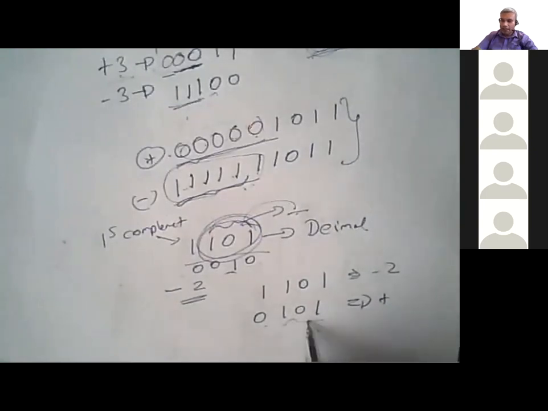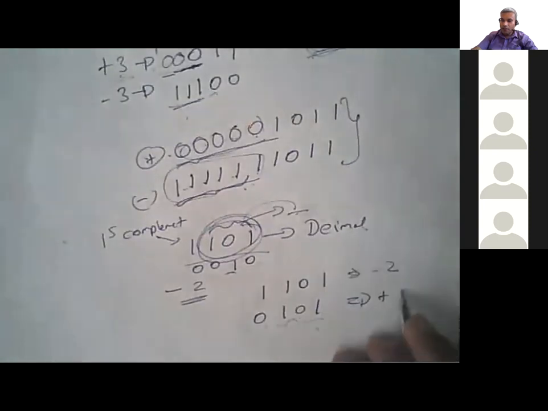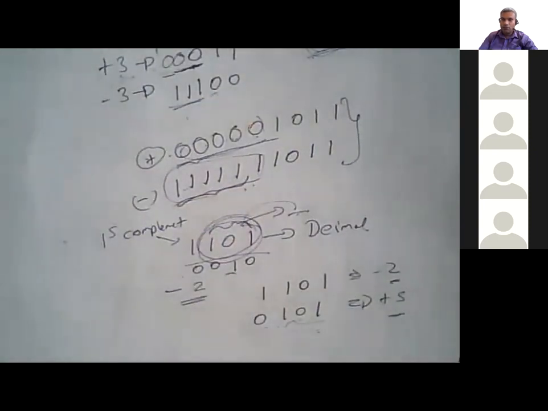So they will be as it is. 1, 0, 1 means 5. Okay, are you okay with it?